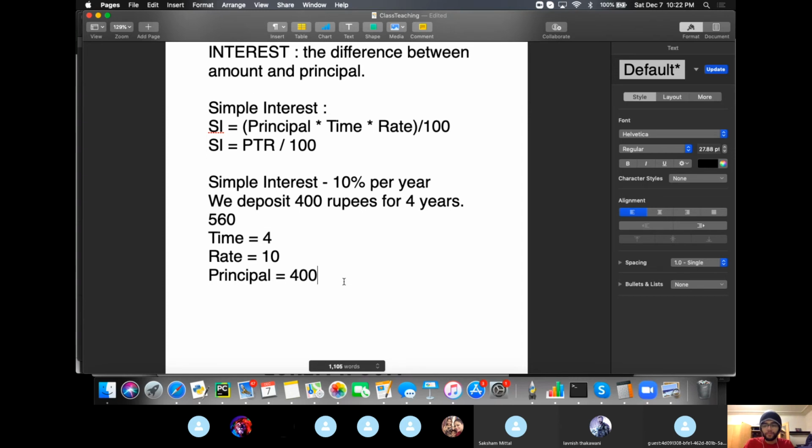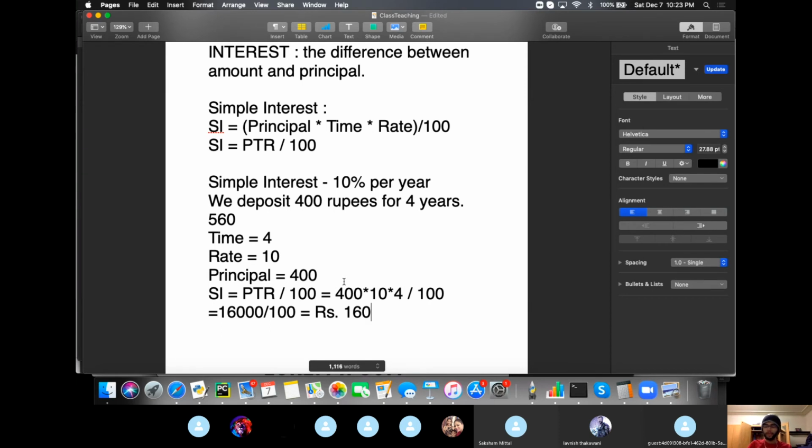Okay, so now SI will be PTR divided by 100, which would be 400 times 10 times 4 divided by 100, which would be 16,000 divided by 100, which is equal to rupees 160.